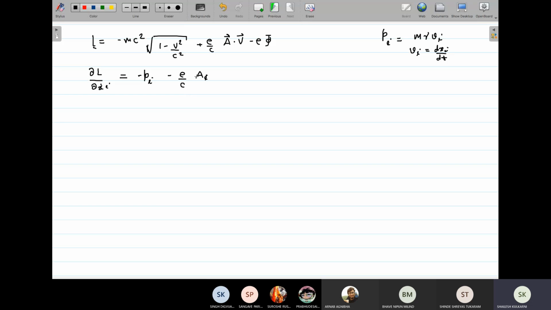This is what we will get. If I equate this with the canonical momenta, I will put an extra minus sign, because these are lower indices. Usually we define canonical momenta P as ∂L/∂ẋ. So I will put this extra minus sign, and it will be clear why. I will call this the canonical momenta P_i.